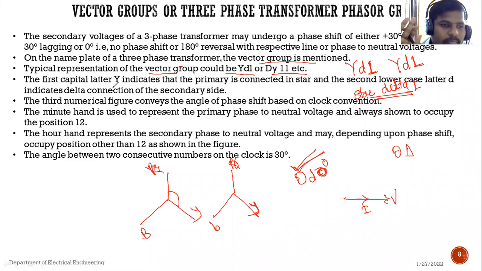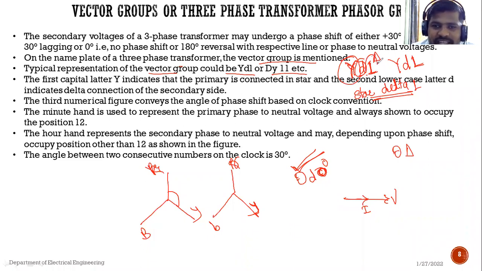Okay, now the third numerical figure, that means स्टार डेल्टा 1, याच्यामधला स्टार म्हणजे काय म्हटलं आपण? प्रायमरी साइड कनेक्टेड इन स्टार. स्मॉल डी आहे, मिनिंग ऑफ दॅट सेकंडरी साइड, डी मिनिंग ऑफ दॅट डेल्टा. ओके, सो सेकंडरी साइड इट कॅन बी कनेक्टेड इन डेल्टा.